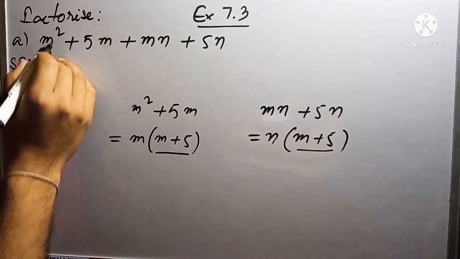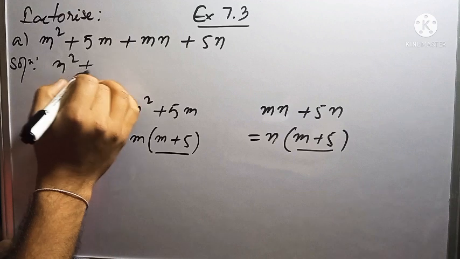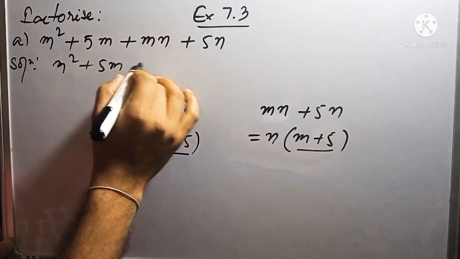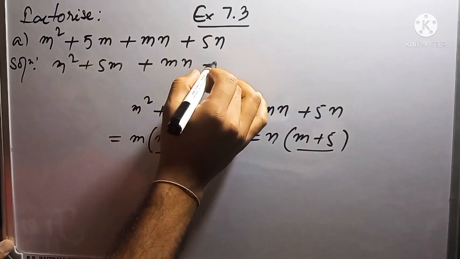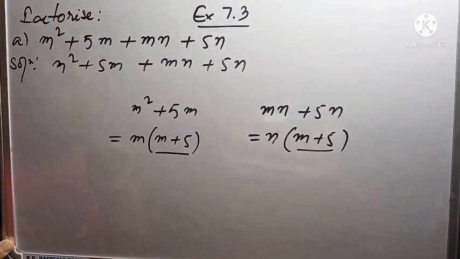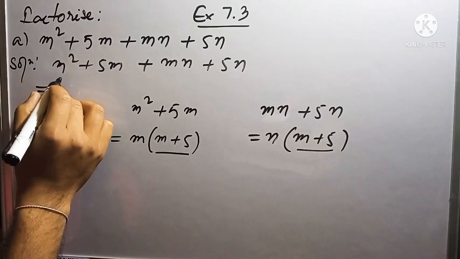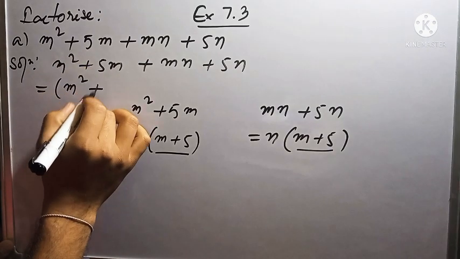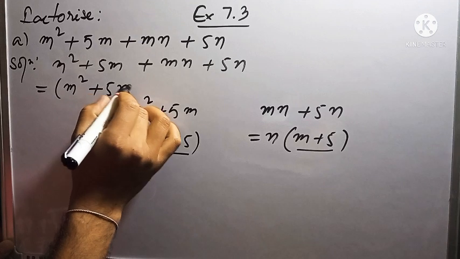Solution. So m square plus 5m plus mn plus 5n. In the next step, what happened? We are going to make the groups. The first 2 terms, let me make as a group. So m square plus 5m.